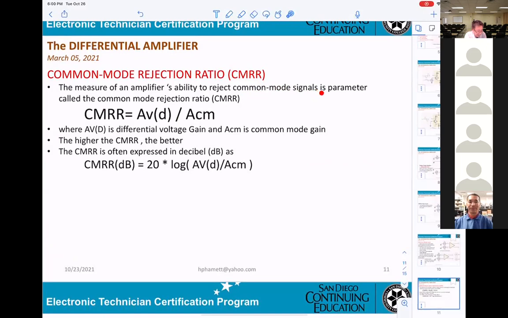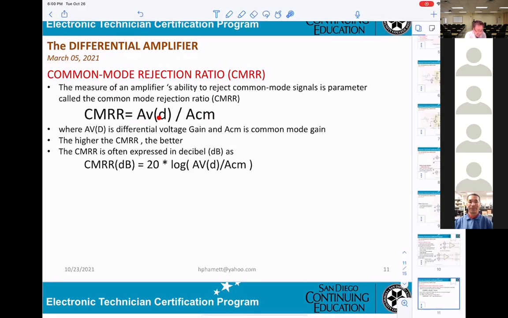A parameter called common mode rejection ratio, CMRR, equals AVD of a differential amplifier divided by ACM. ACM means the gain of the common mode, that means the gain of the noise.